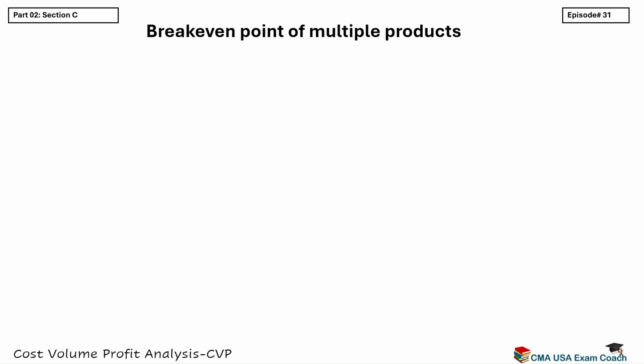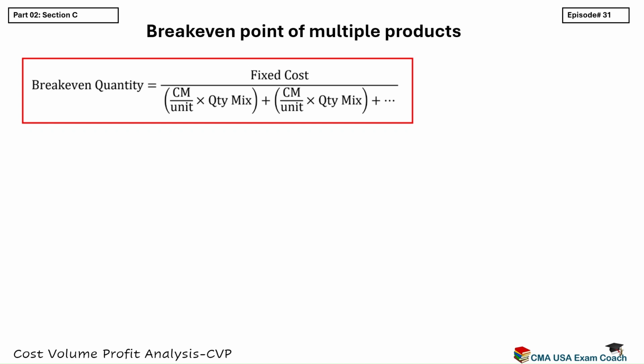Let's look at the first formula, break-even quantity. It is calculated as break-even quantity equals fixed cost divided by, open bracket, contribution margin per unit multiplied by mix percentage for Product A, plus contribution margin per unit multiplied by mix percentage for Product B, and so on for all products.